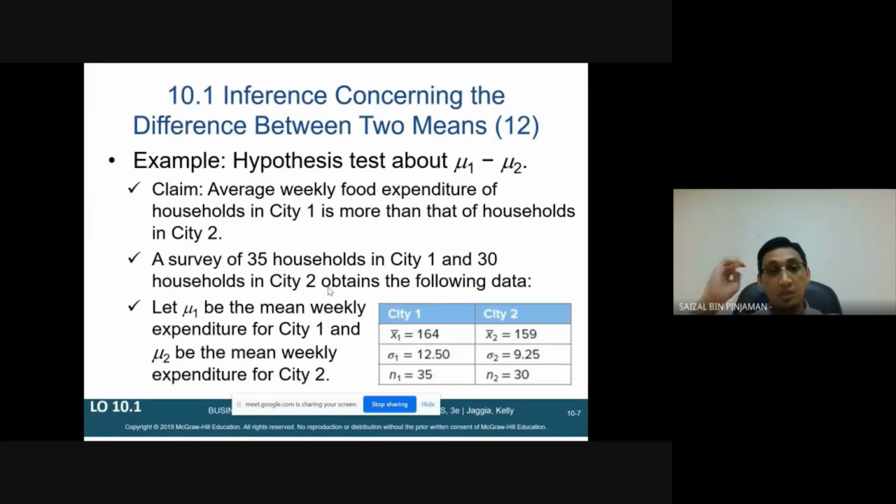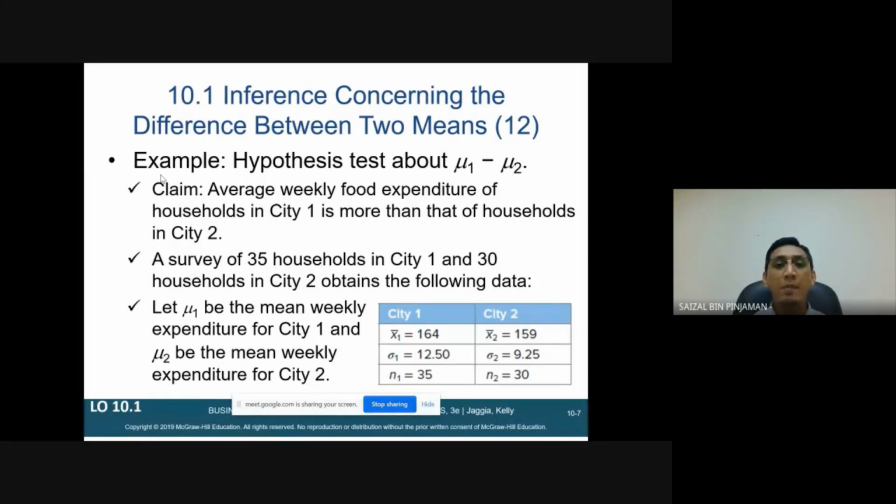All right, so here we have a situation where it is claimed that the average weekly food expenditure of households in City 1 is more than that of households in City 2. Remember, a claim always belongs to the alternative hypothesis.